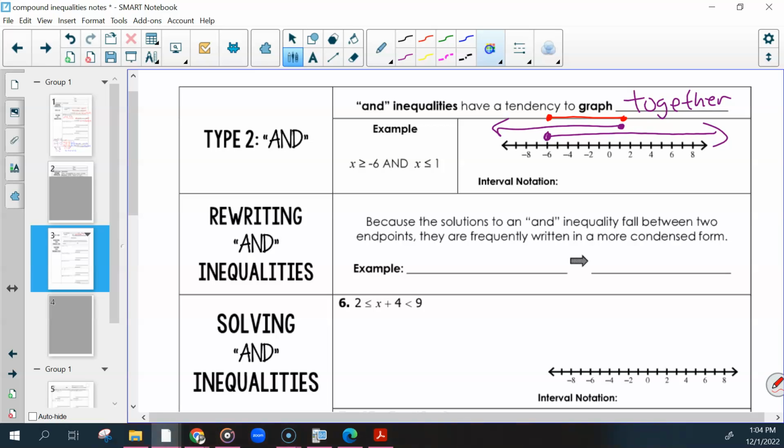So if you just do the 1, that's fine. If you do all 3, that's also fine. So when we write our interval notation, we're only looking for where they overlap. So it would start at negative 6, it's closed, so bracket, and it would end at 1, closed, so also bracket. So these will not have infinity, negative or positive.